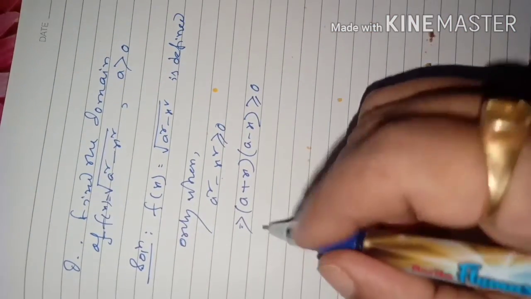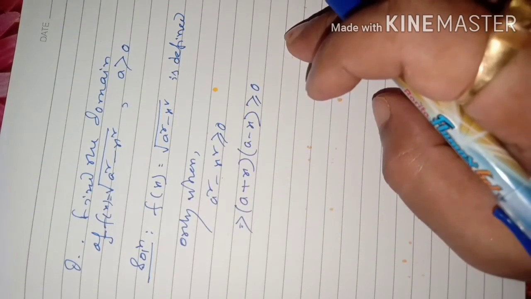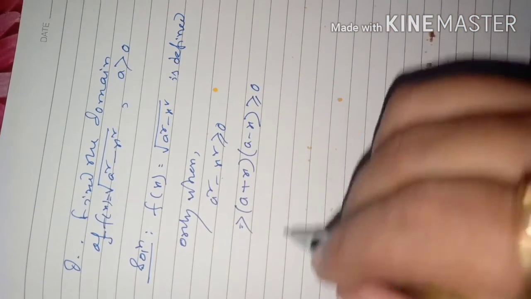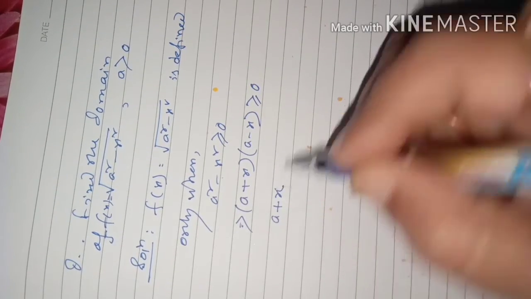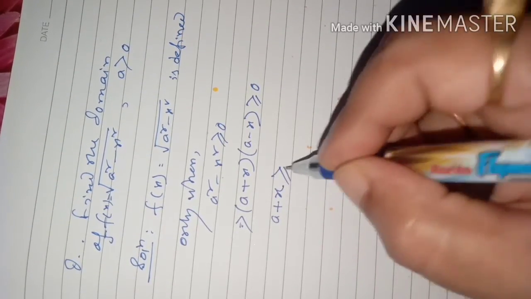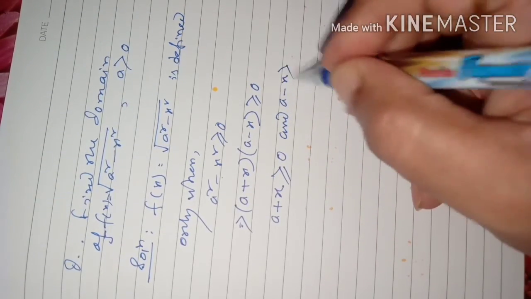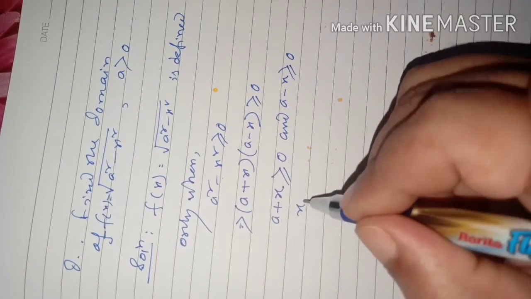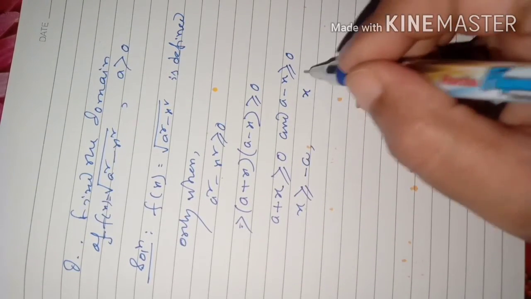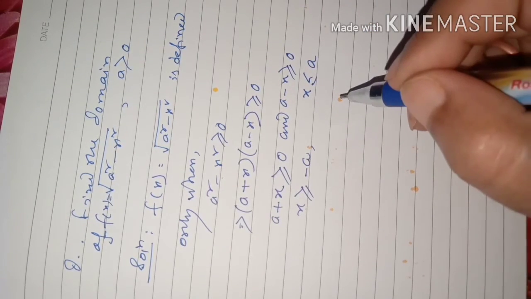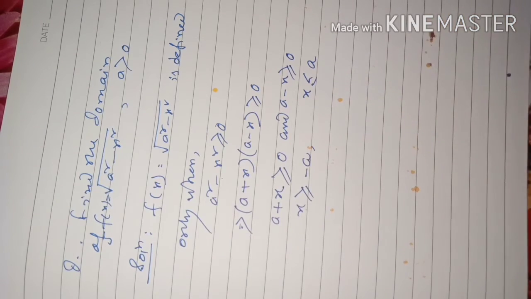So that is either both are negative or both are positive. So here, a plus x is greater than or equal to 0 and a minus x is greater than or equal to 0. It tells us x is greater than or equal to minus a and x is less than or equal to plus a.